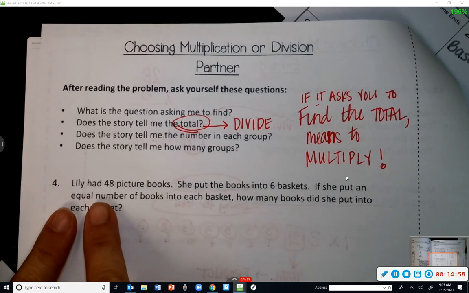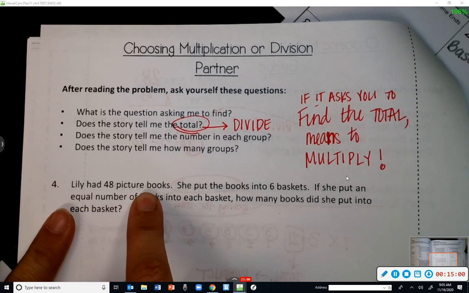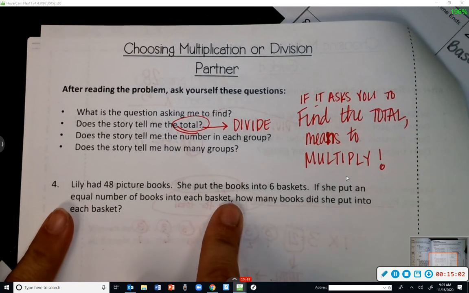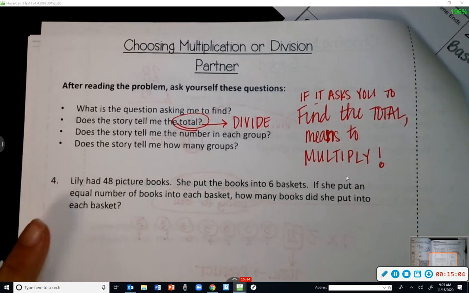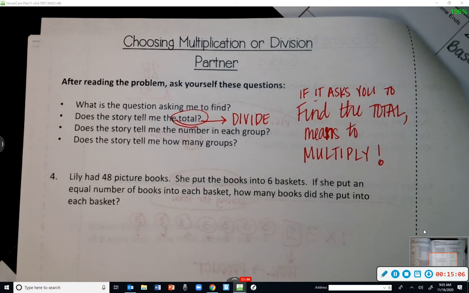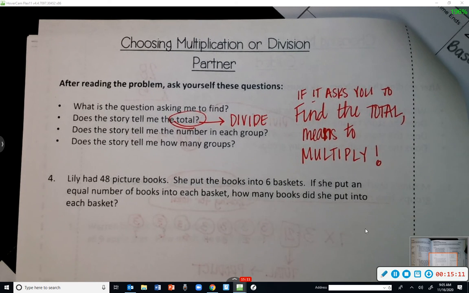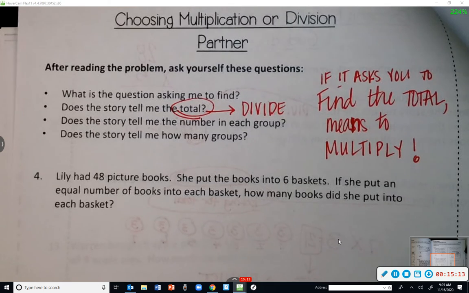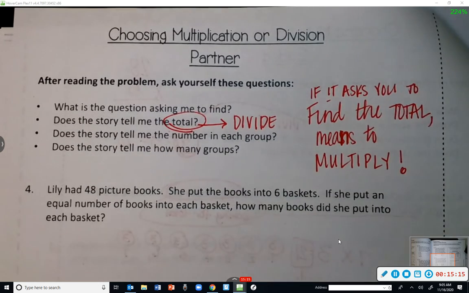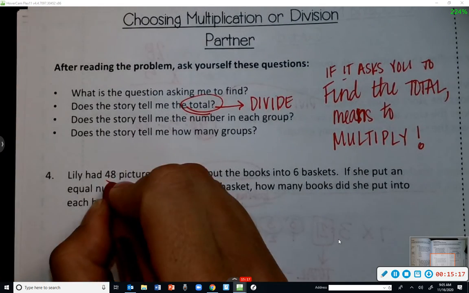Can I read it? Okay, number 4 says Lily had 48 picture books. She put the books into 6 baskets. If she put an equal number of books into each basket, how many books did she put into each basket? Does it tell you how many total books she has? Yes, she has 48 picture books.